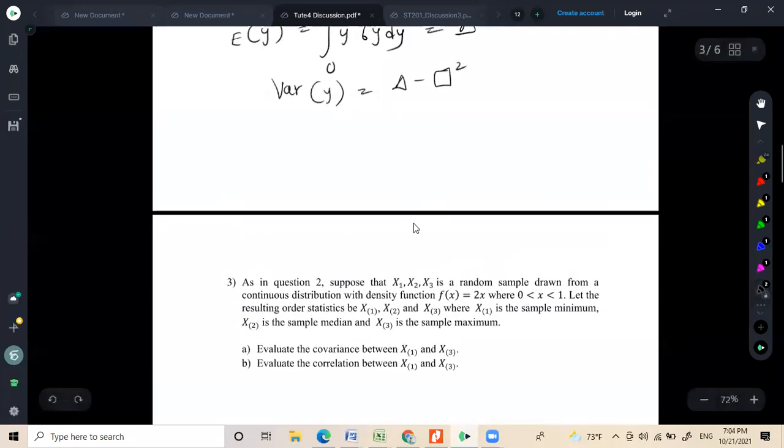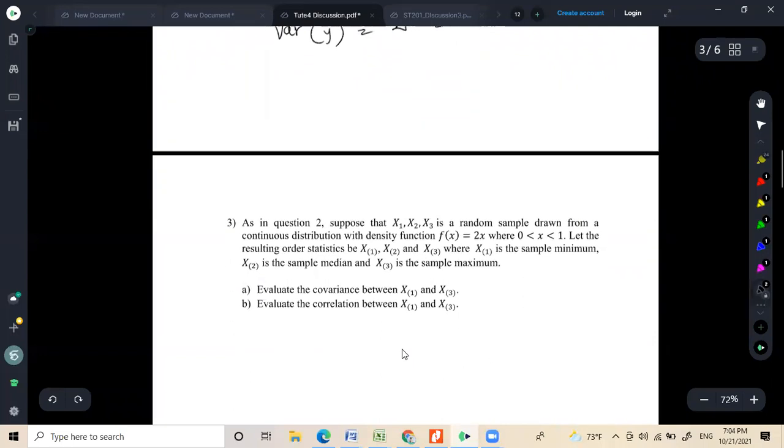Right, we move on to question number 3. It's again the same thing. You have the same function in question 2. You already have the minimum and the maximum. Evaluate the covariance between x1 and x3. Well, you know how to do that, right? The covariance between, let's say, y1 and y3.